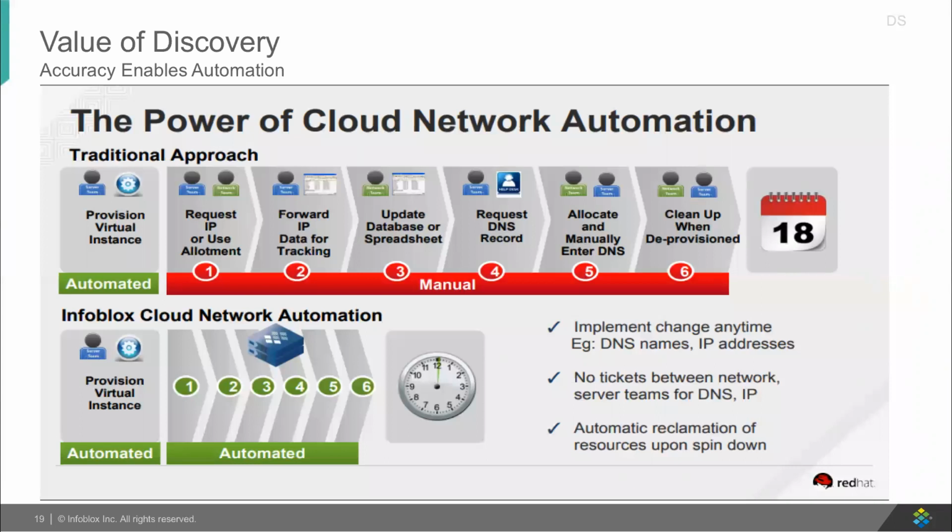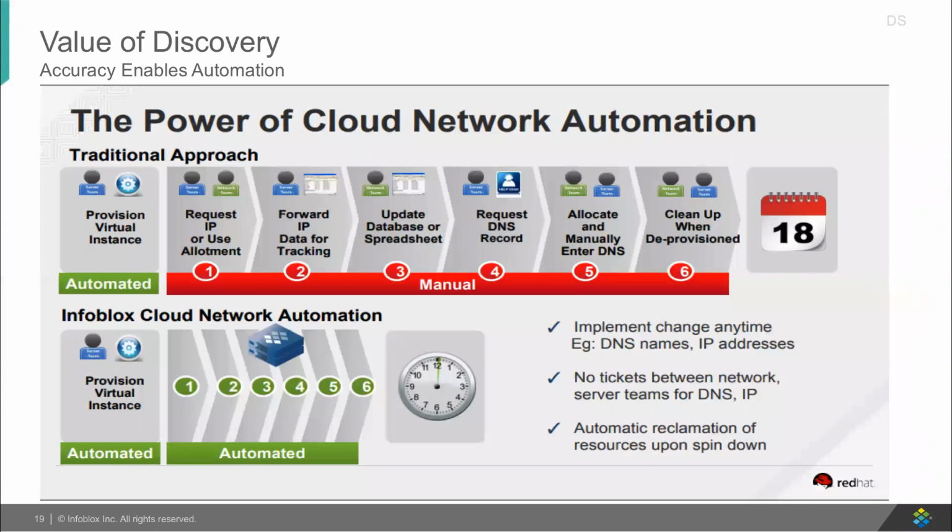Without authoritative IPAM, you can't be assured that IP address is not in use. And if automation grabs one that's in use, you could cause duplicate IP addresses on the network. So this is highlighting the classic example.